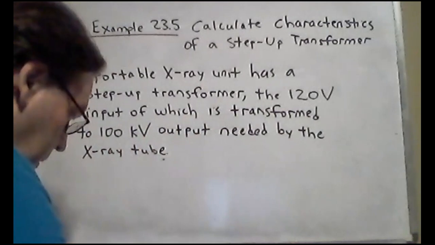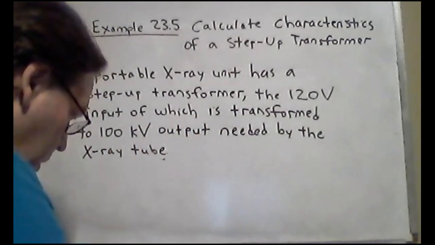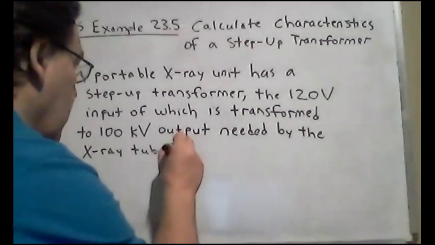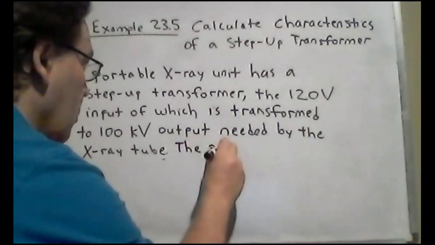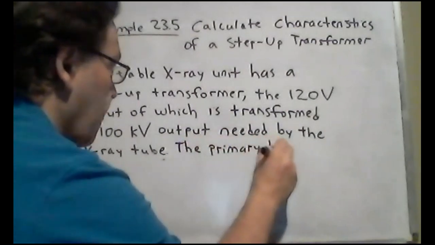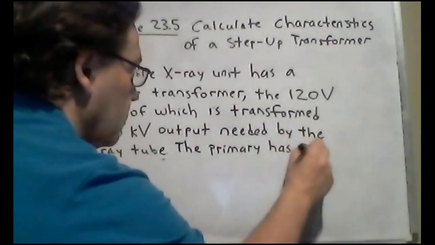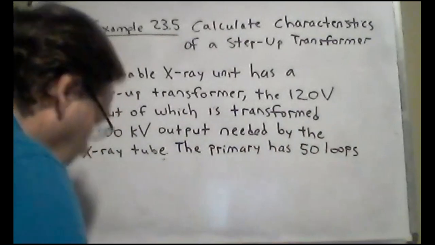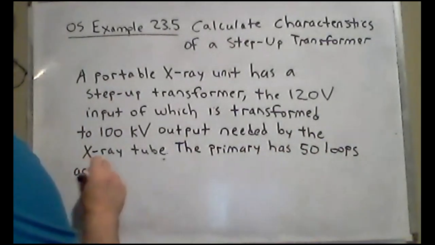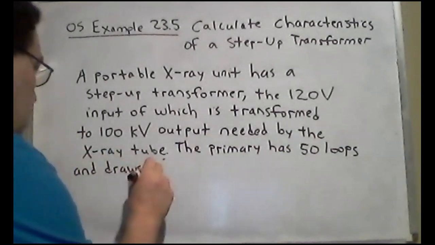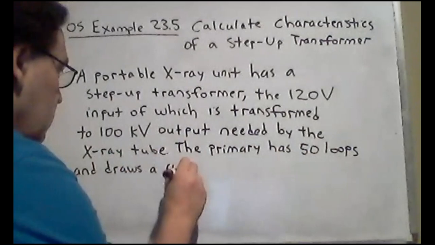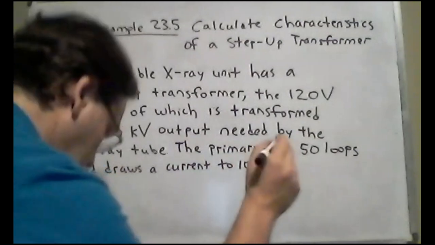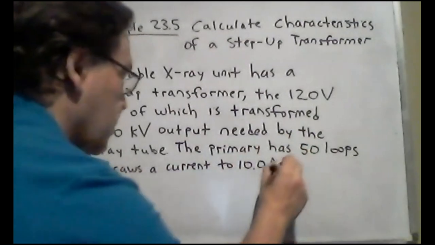Okay. The primary has 50 loops and draws a current of 10 amperes when in use.